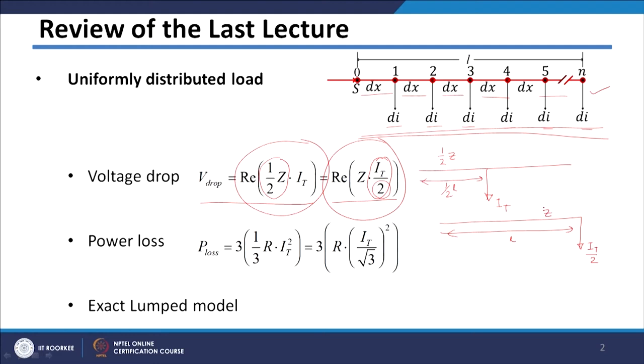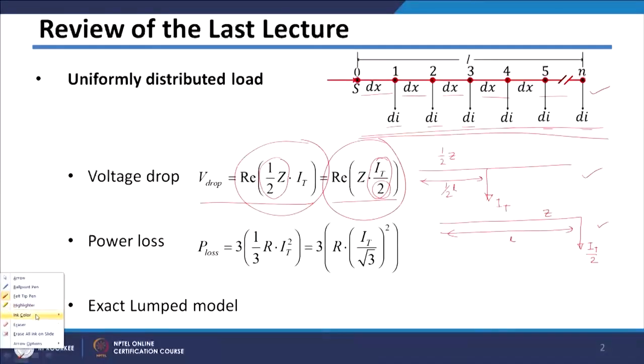So, total drop in that case will be real part of Z multiplied by IT by 2. However, we have seen in last class, if you calculate power loss using these lumped configurations, the power loss value will be different from actual power loss. That is why we try to lump these using other lumped models.